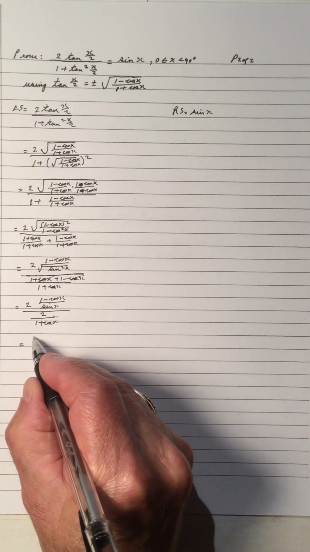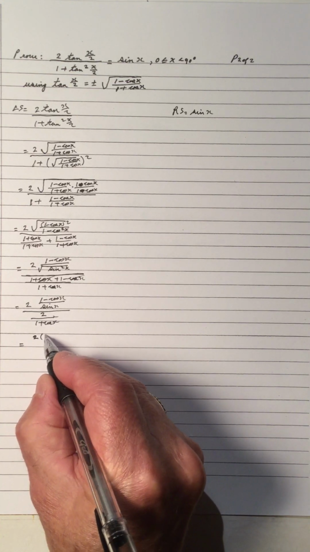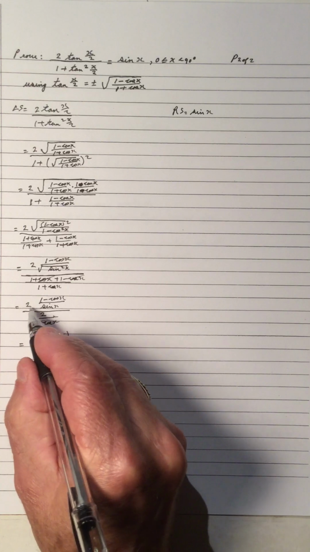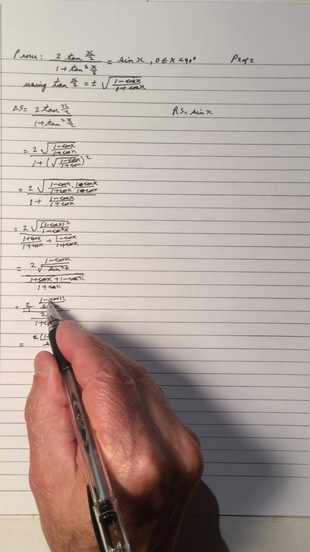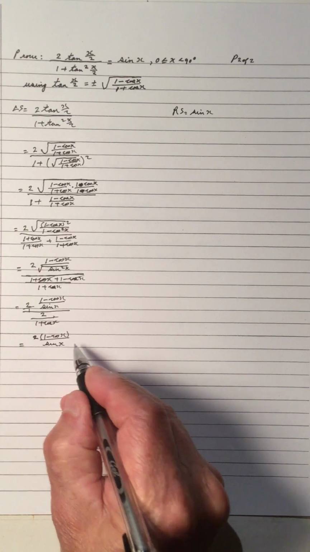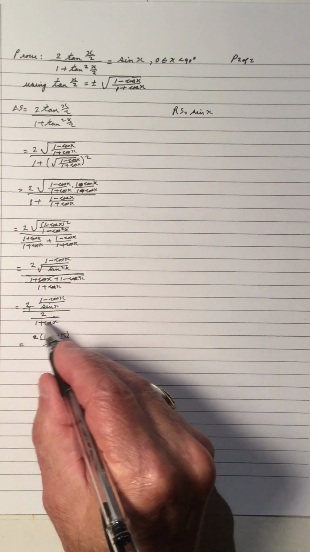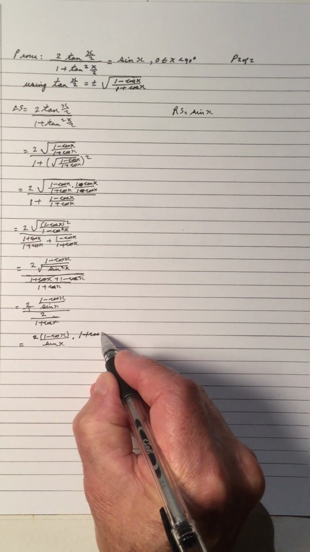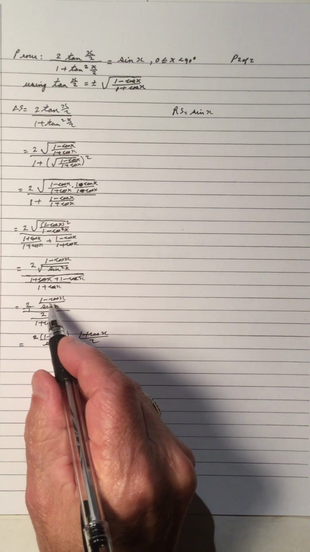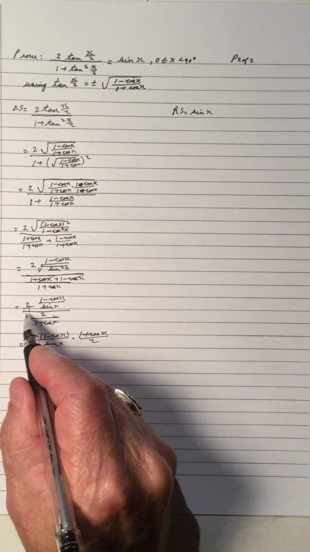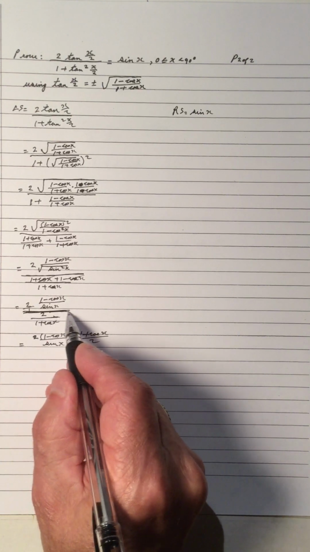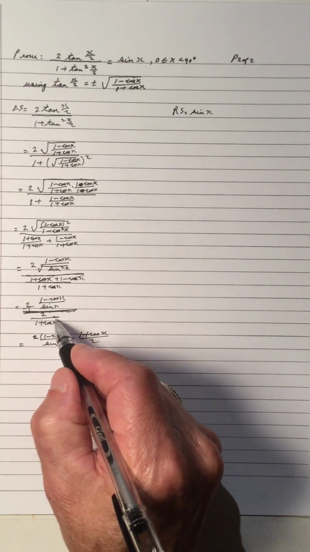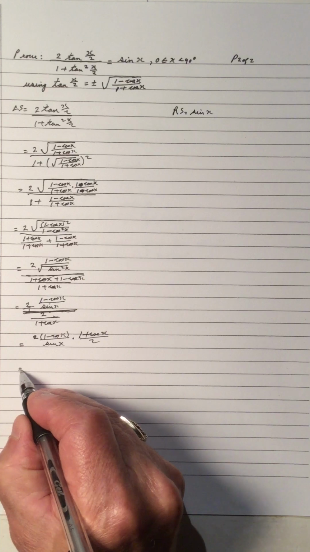So that's 2 times (1 minus cos x) over sine x. The 2 over 1, the 2 goes with the numerator, and 1 times sine x is sine x. Now we're going to multiply by the reciprocal, 1 plus cos x over 2. We have two fractions, so this is a division sign right here, so it's this fraction multiplied by the reciprocal of this one right here.